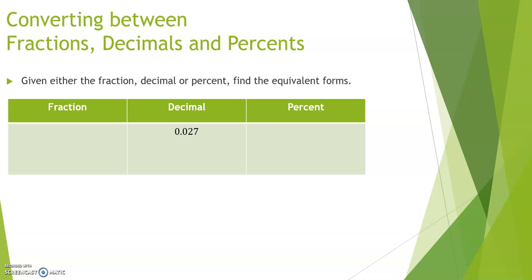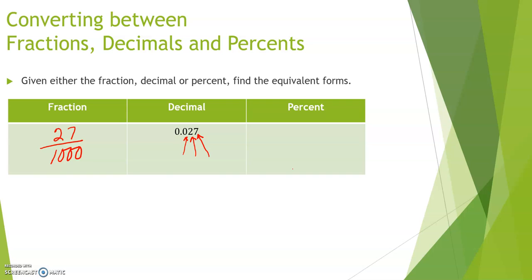Given the decimal 0.027, what is the fraction and what is the percent? We can start by writing the fraction and counting our spaces after the decimal point. We've got tenths, hundredths, thousandths. So that means our fraction is going to be 27 over 1,000.